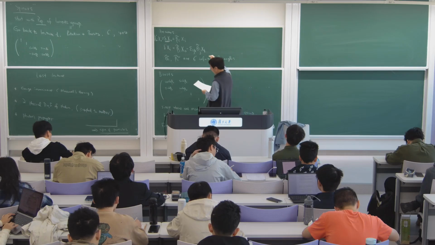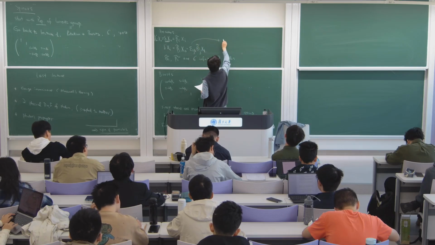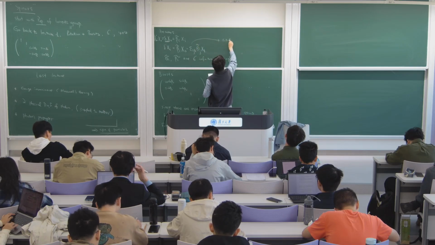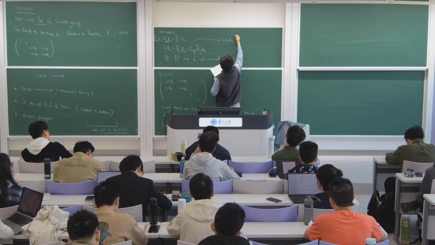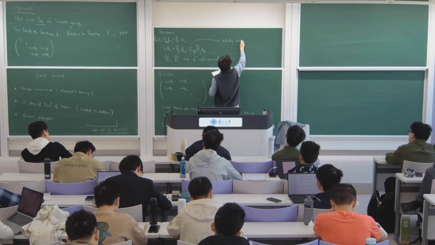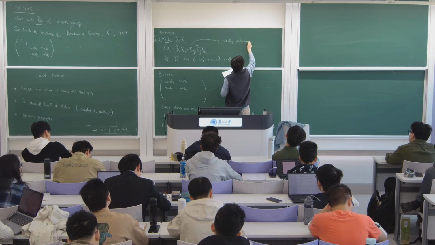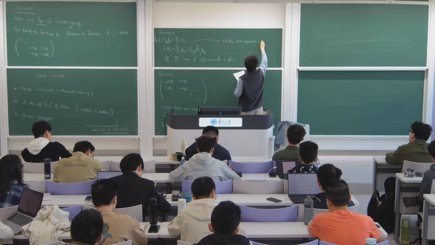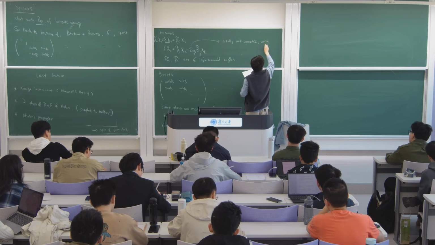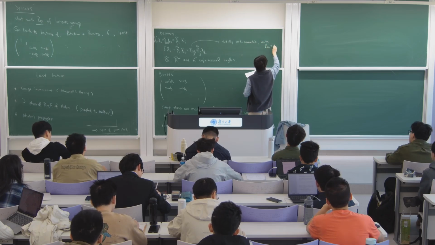And the epsilon, this is a total anti-symmetric symbol with epsilon 1, 2, 3 equals 1.